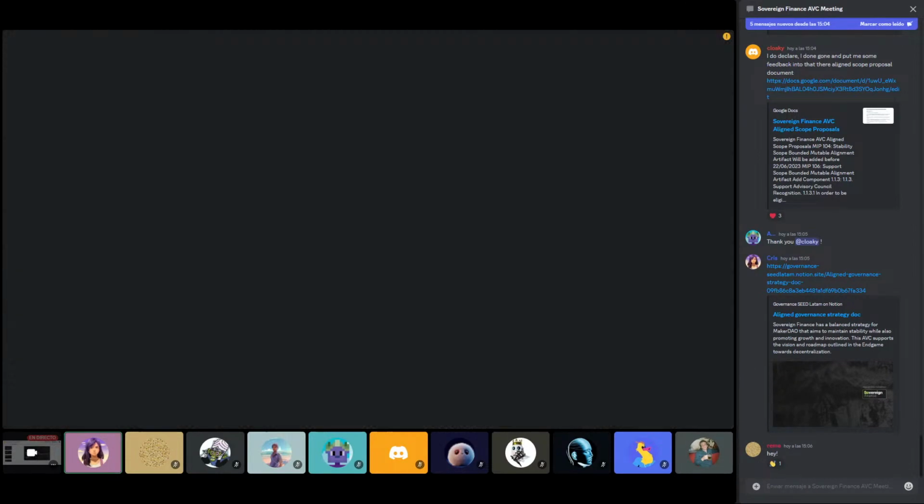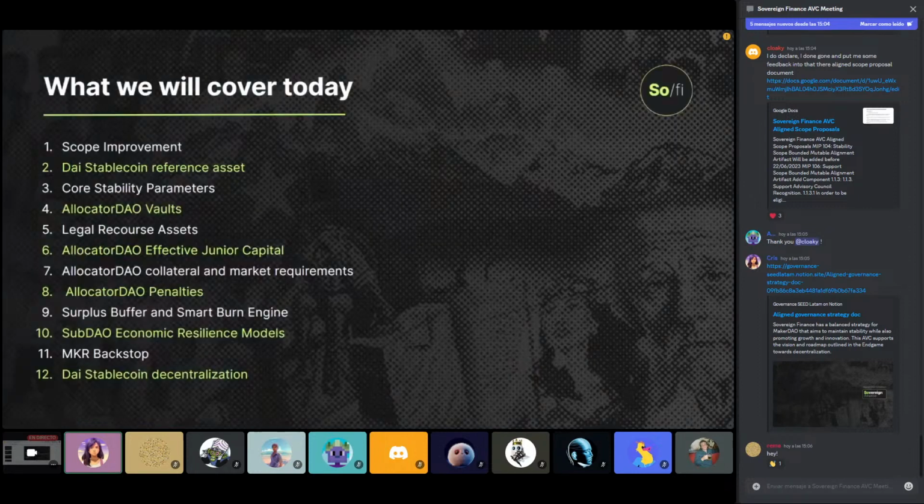What we will cover today, of course, is the stability scope, and we are going to focus on what for us is the most relevant in the scope.